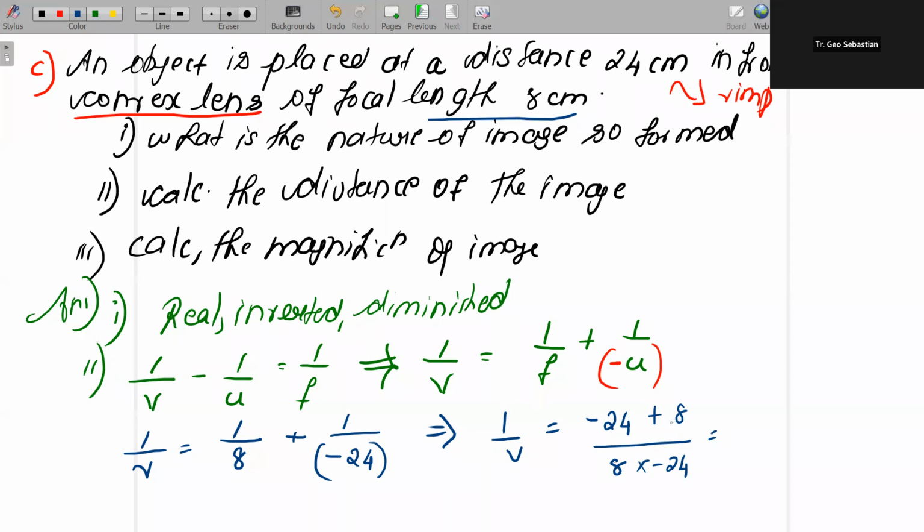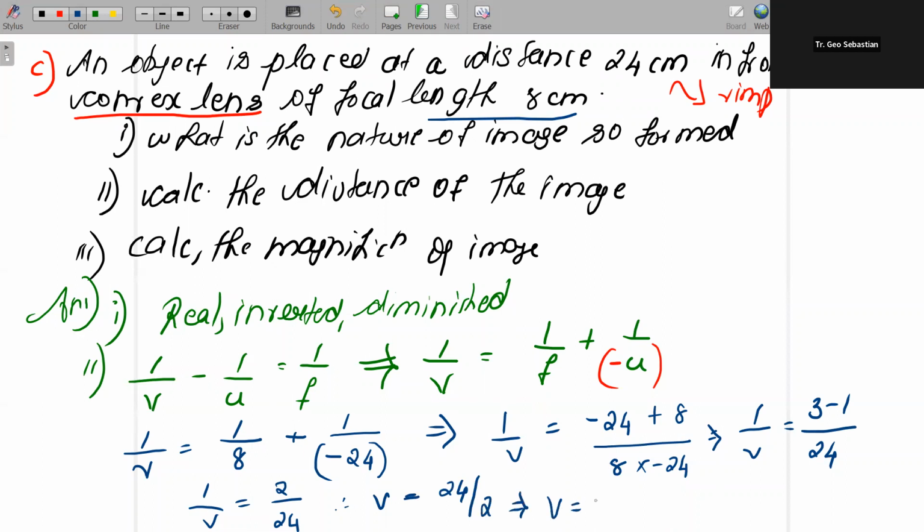You guys will get 1 by V is equal to 2 by 24. Therefore, V inverse you should take, that is nothing but 24 by 2. Finally, you got image distance is nothing but 12 centimeter. That unit also needed. Understood how to find this?